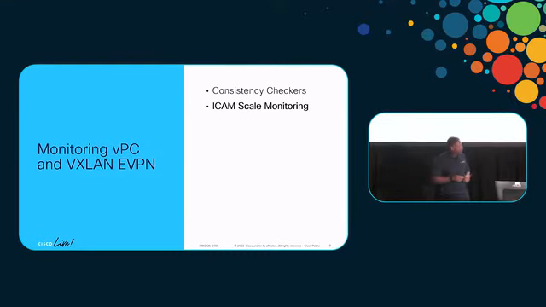So our next tool for review is going to be the ICAM scale feature. This ultimately allows us to identify current and future problems from the perspective of scale. And so we can ultimately use this information to prevent oversubscribing a switch.